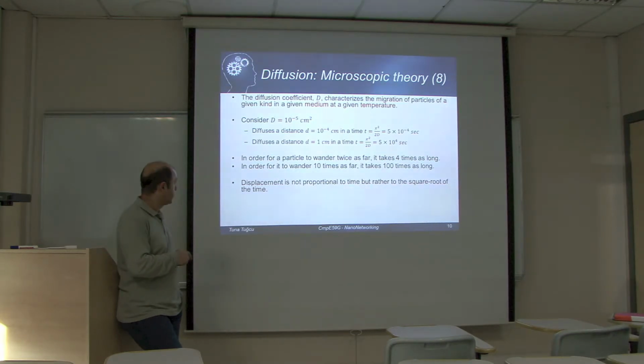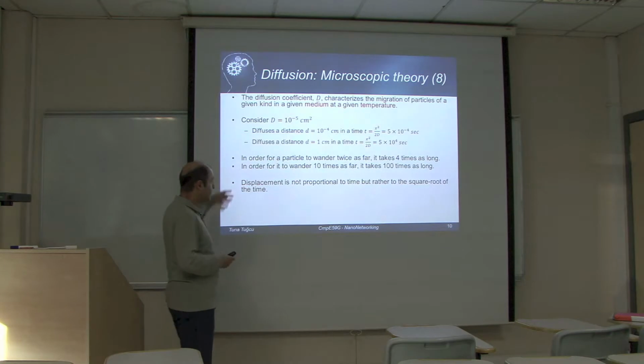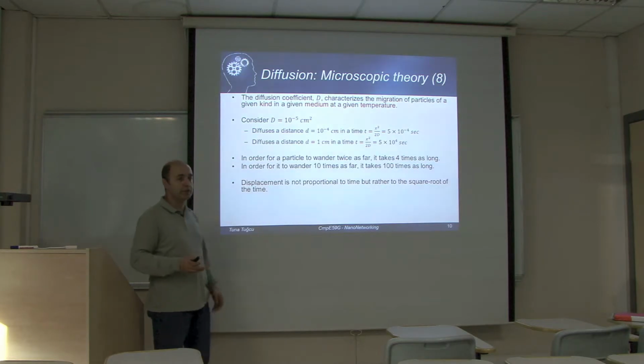In order for a particle to wander twice as far, it takes actually 4 times as long. So there's a power of 2 difference. In order for it to wander 10 times as far, it would be 100 times as long. So the displacement is not proportional to time, but it is proportional to the square root of the time.